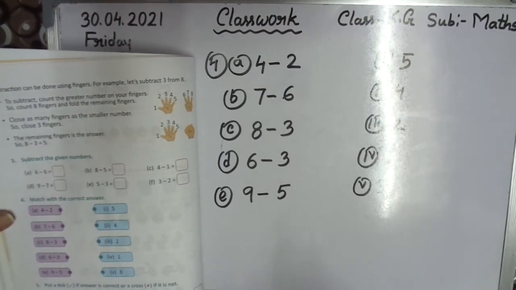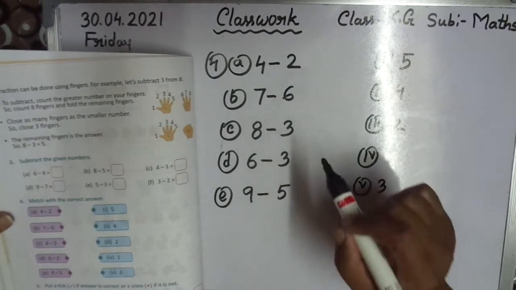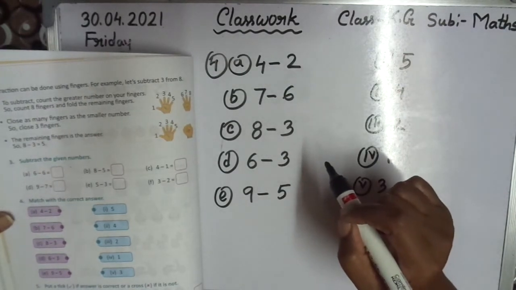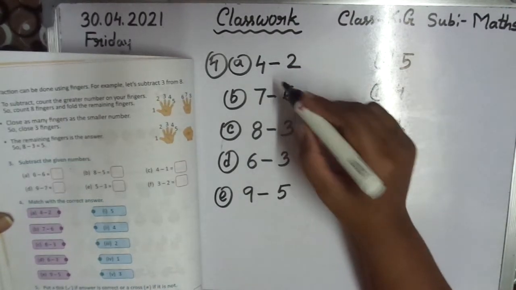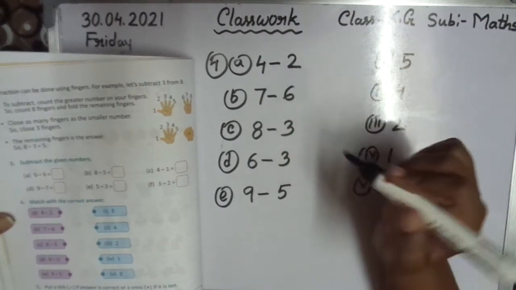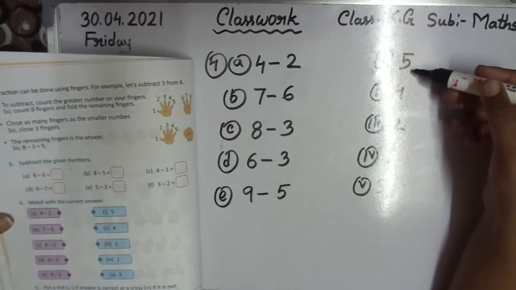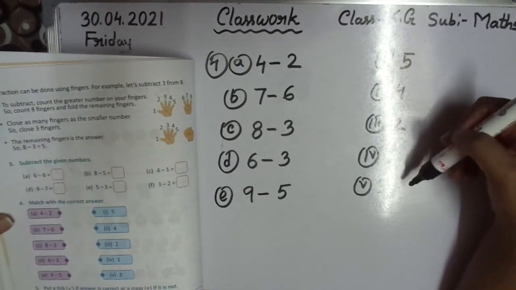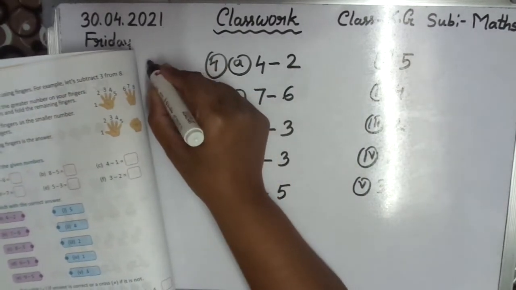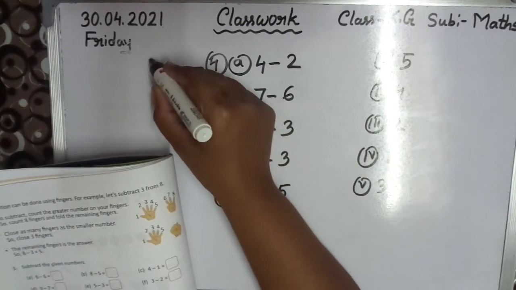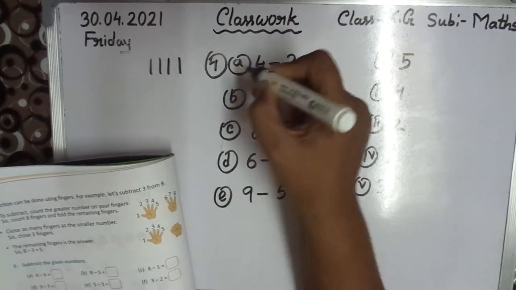So first you do your sum. Okay. So question A, 4 minus 2. I draw the lines on the left side. 1, 2, 3, 4.